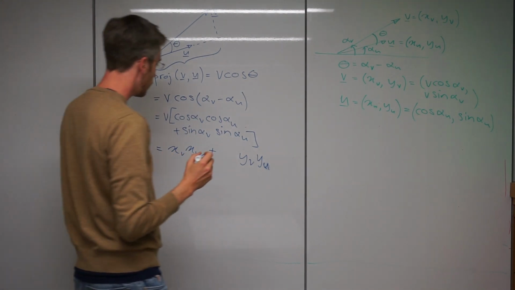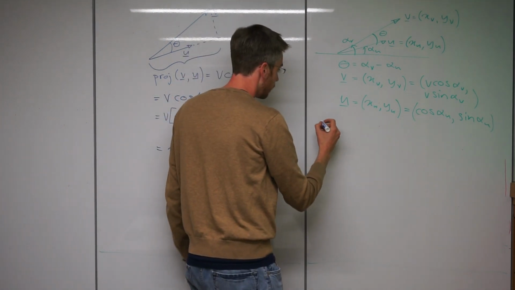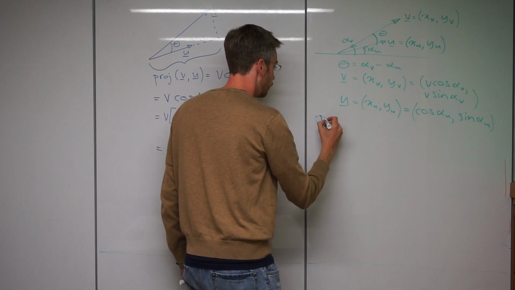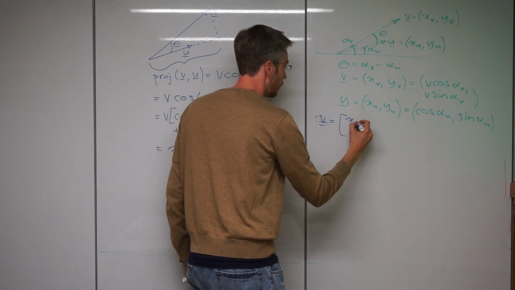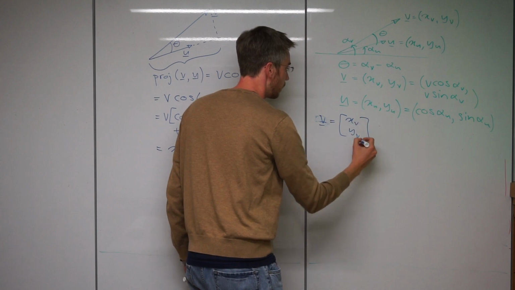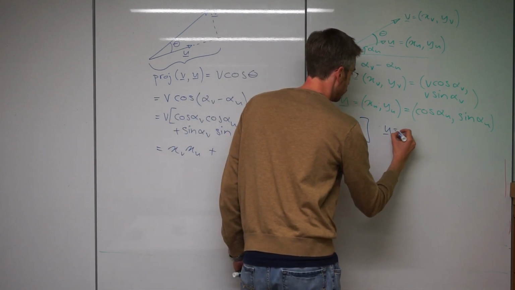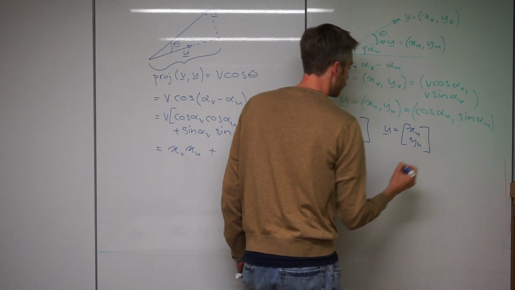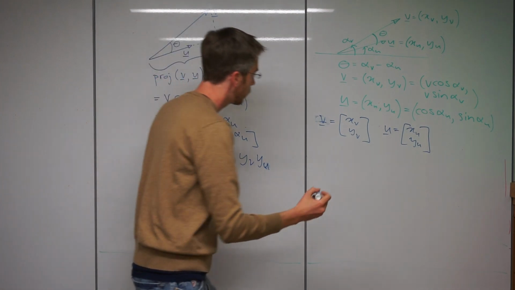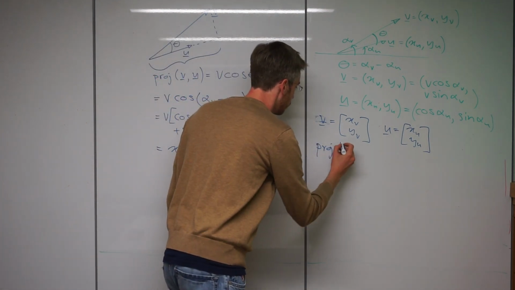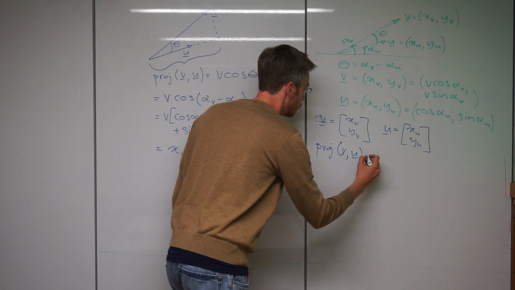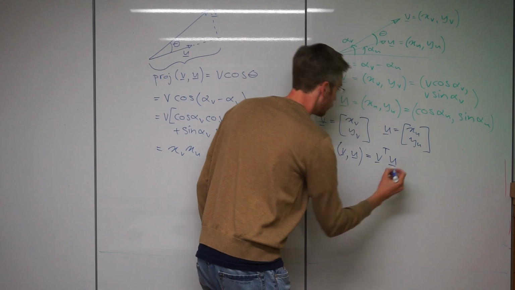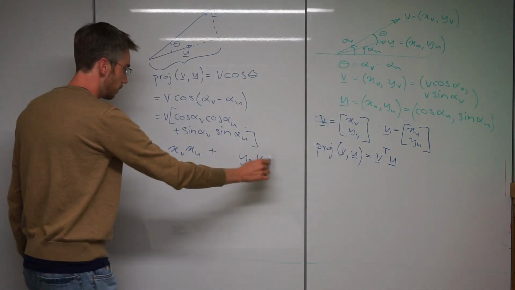We can write this in vector format, so if we write v as the vector xv, yv, and we write the unit vector u as xu, yu, then we can write the projection of v onto u as v transpose u, which gives you this expression again.